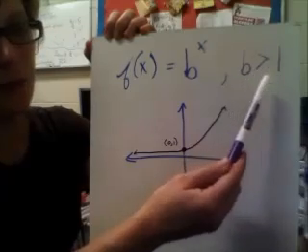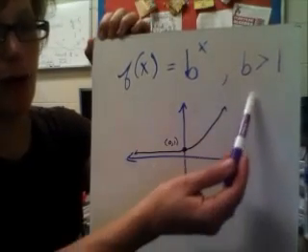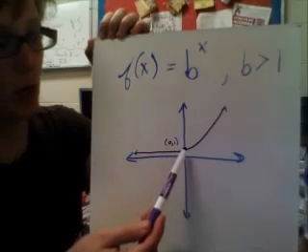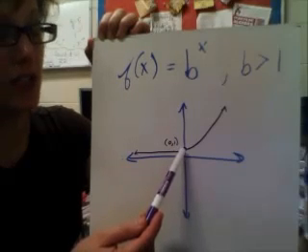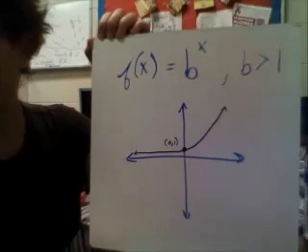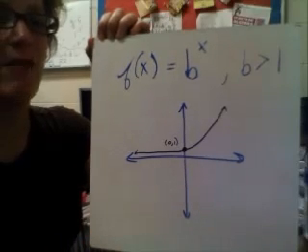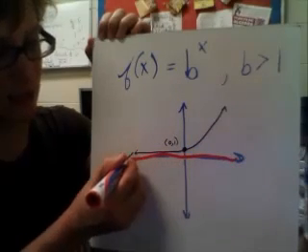If b is bigger than 1, we're talking about exponential growth, which means your graph will go up. Notice this point, this is your only intercept. It's 0, 1. It's usually going to be 0, 1. And also notice that your graph never touches the x-axis.